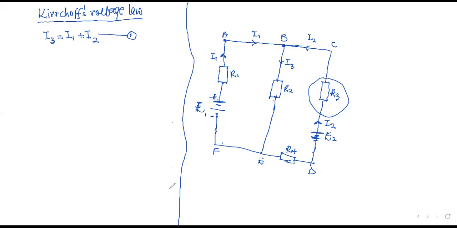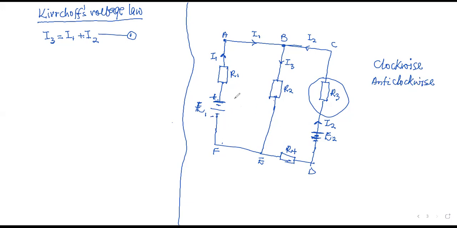So I'm going to choose loops, okay, closed circuits, or loops. Now, you can choose your loops or closed circuits as you go clockwise or counterclockwise, what we famously call anti-clockwise.